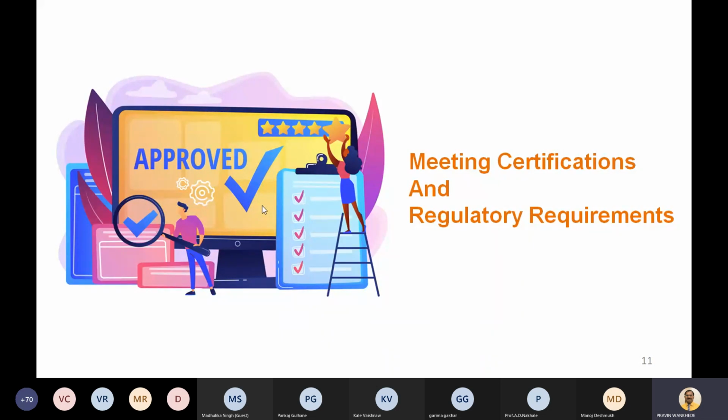Therefore, you should meet all the certifications and regulatory requirements. This also gives the product developer confidence that your product is going to be easily sold in the different continents of this world.